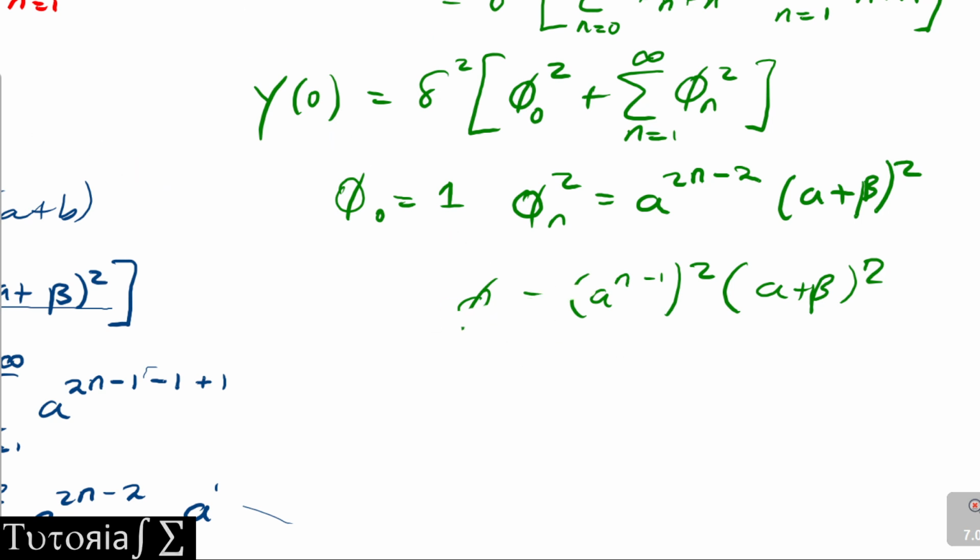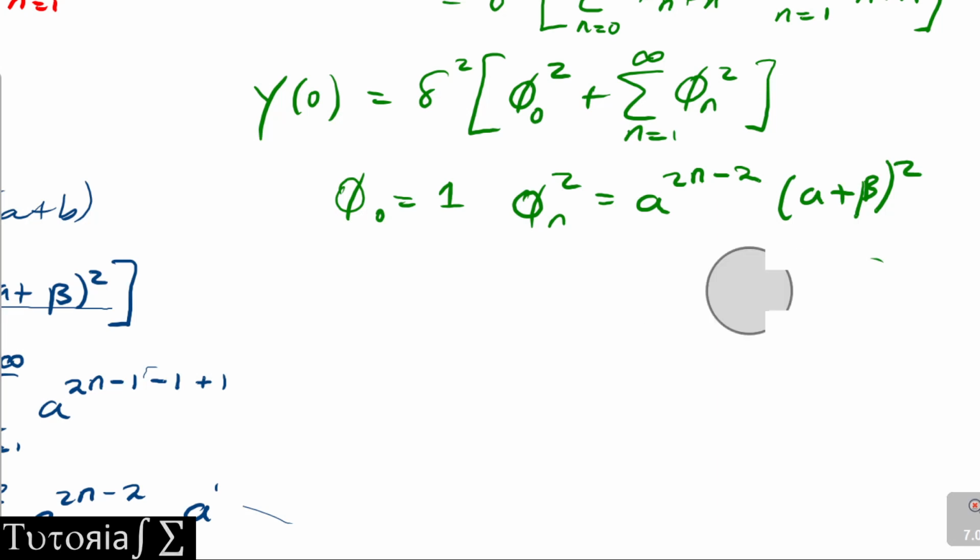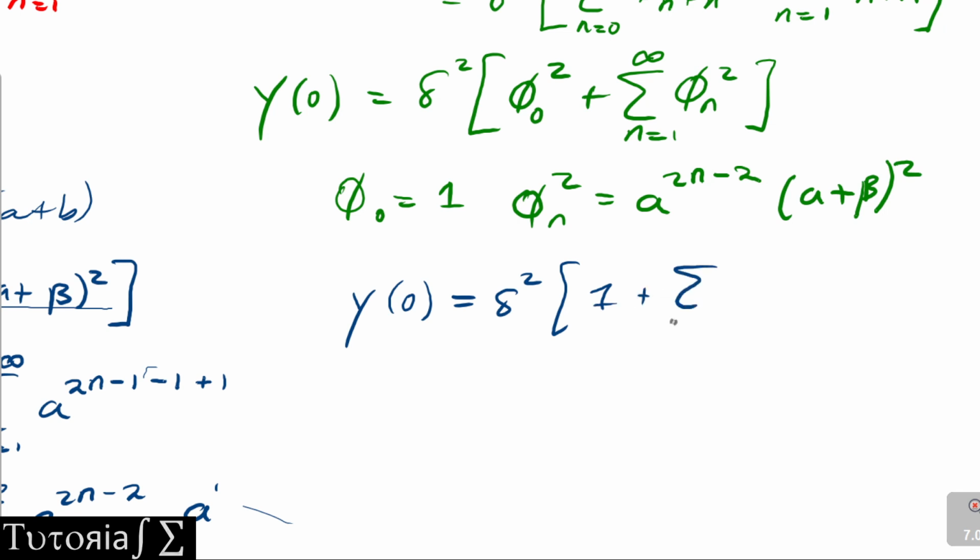So from there, we now plug in y0. So y0 will finally be the variance outside. This would be 1 squared, which is just 1, plus the sum from n equals 1 to infinity of a squared. We can factor out the 2 among these so that we remain with n minus 1. Then we have a plus beta to the power 2.